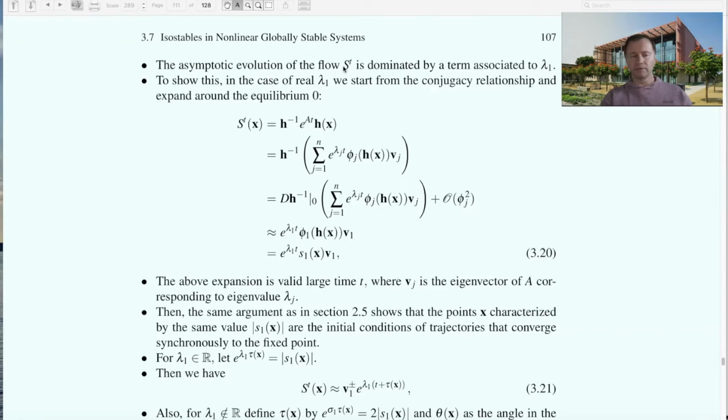So as I said, the flow itself, S_t, is dominated by the contribution associated with lambda 1 when t is large. So in the asymptotics, when t goes to infinity, this term here dominates. This is S_1, it's phi_1 conjugated to h, v_1. So this is the first term in the expansion when t is very large, or equivalently when x is very small.